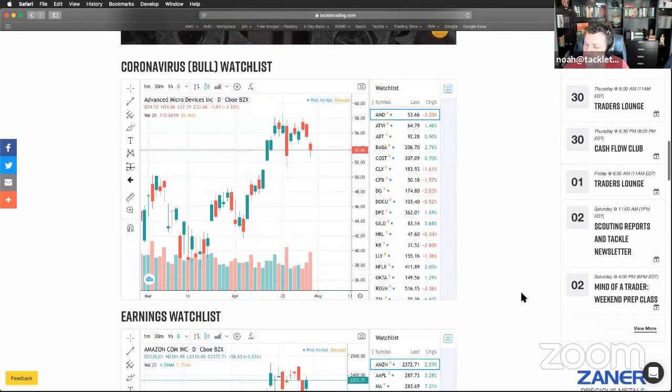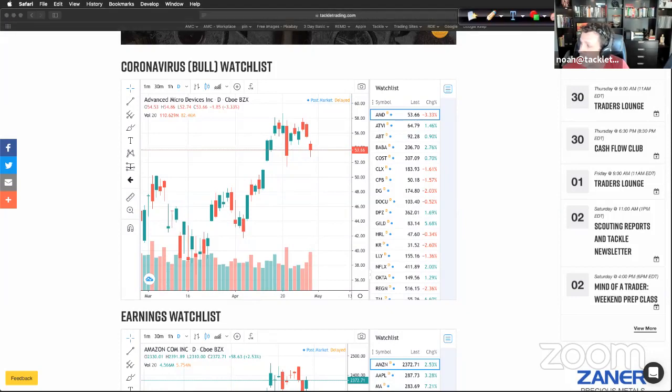These are stocks that have performed exceptionally well under the current market conditions, companies that are fundamentally more impervious to the recent shutdown, aren't as sensitive to the economic disruption we've seen, and have shown relative strength against the rest of the market. There are some really good setups there.